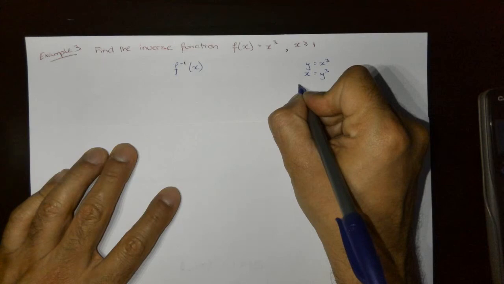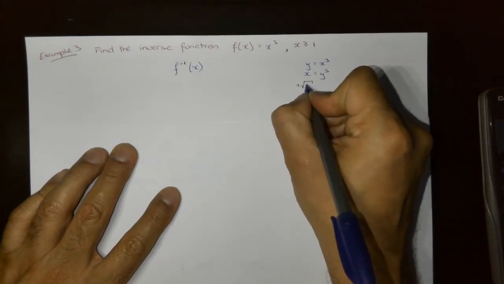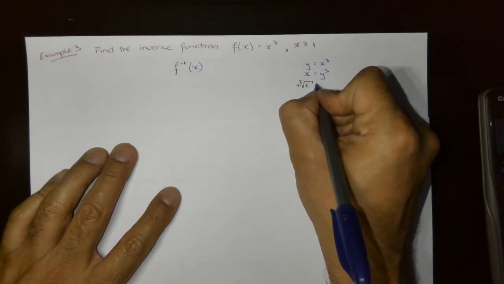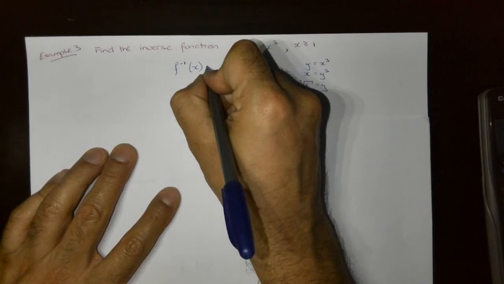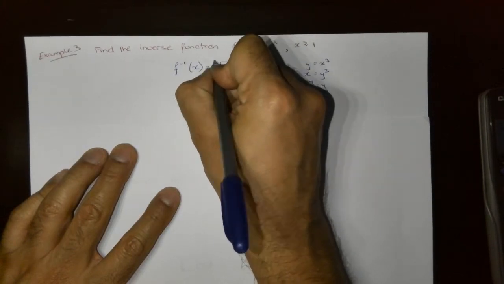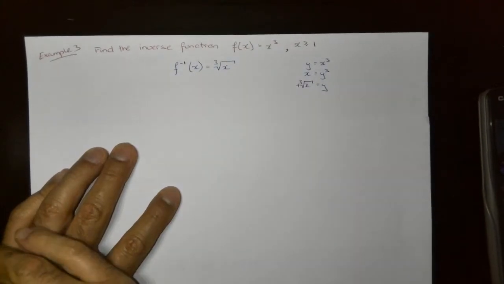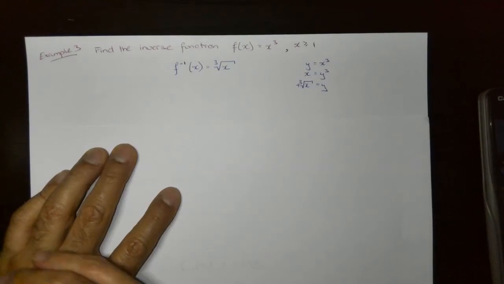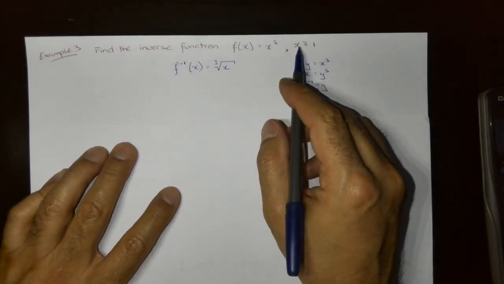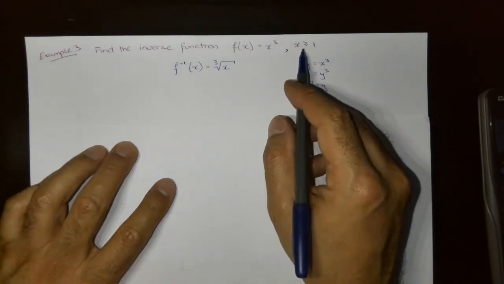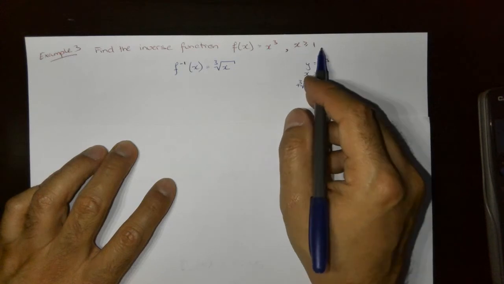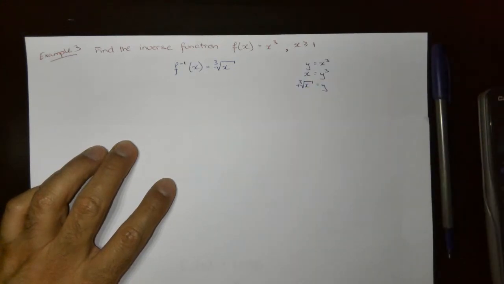The opposite of cubing something is doing the cube root, so this would be the cube root of x. And we want to know what it might look like as x is greater than 1.